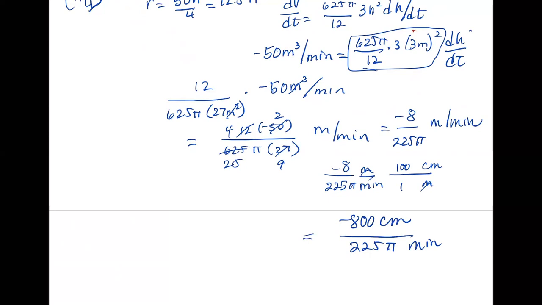Now we could simplify that a bit, I believe. Let's see. Oh goodness. 25 goes into 225, as we saw, 9 times. 25 goes into 800 32 times. So we have negative 32 over 9 pi centimeters per minute.